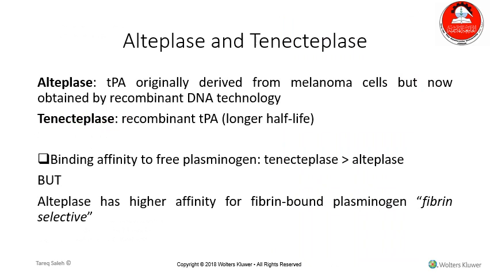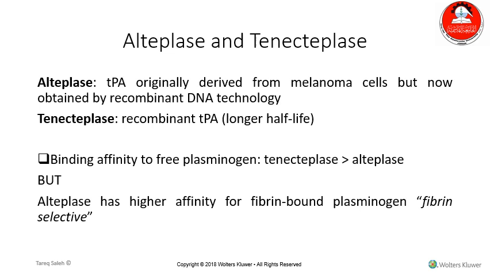The main two examples of thrombolytic agents are two drugs, Alteplase and Tenecteplase. These are the most frequently used thrombolytic agents for the emergent treatment of thromboembolic disorders. Now, Alteplase is a naturally derived tissue plasminogen activator.